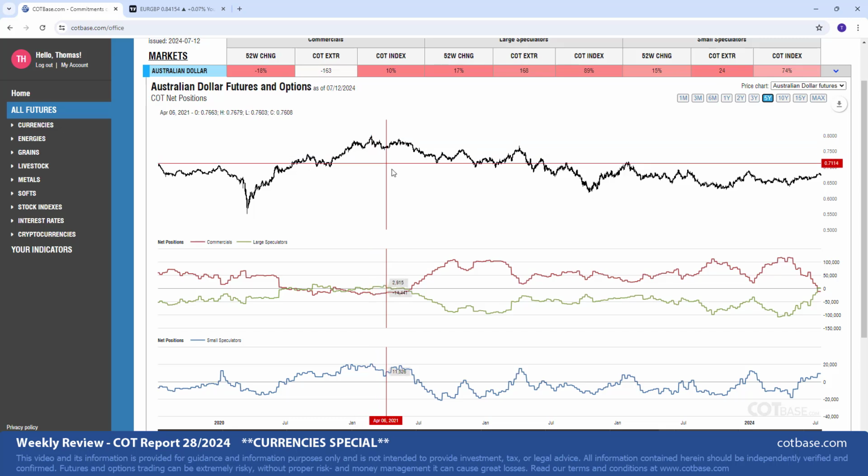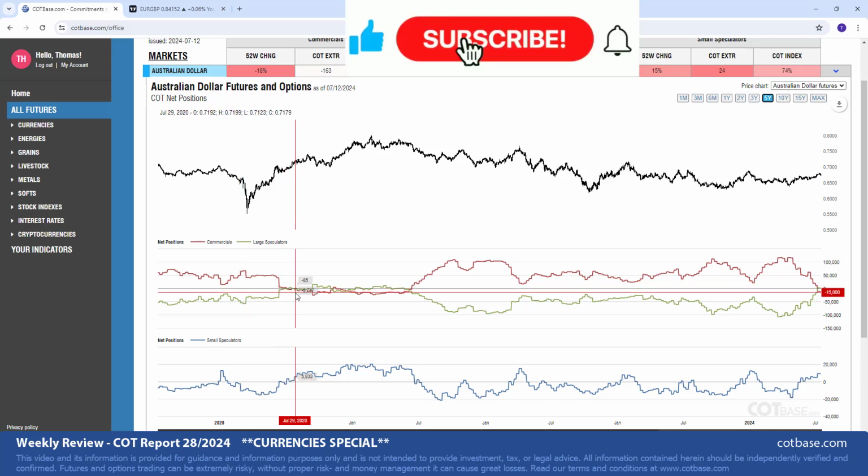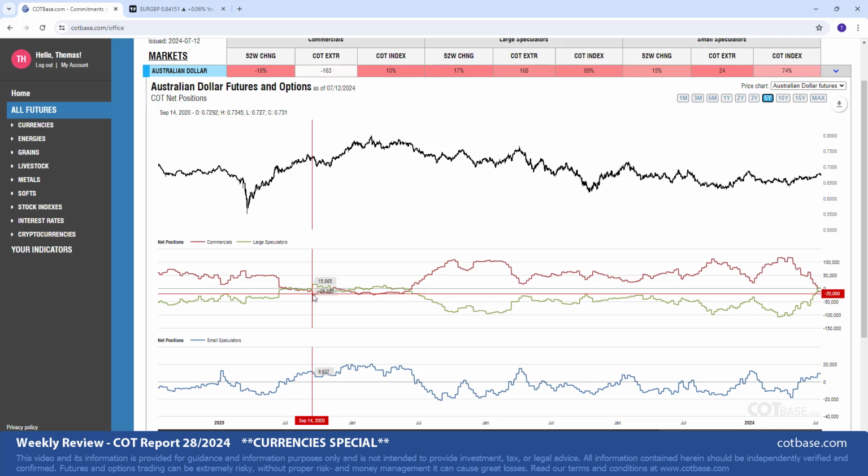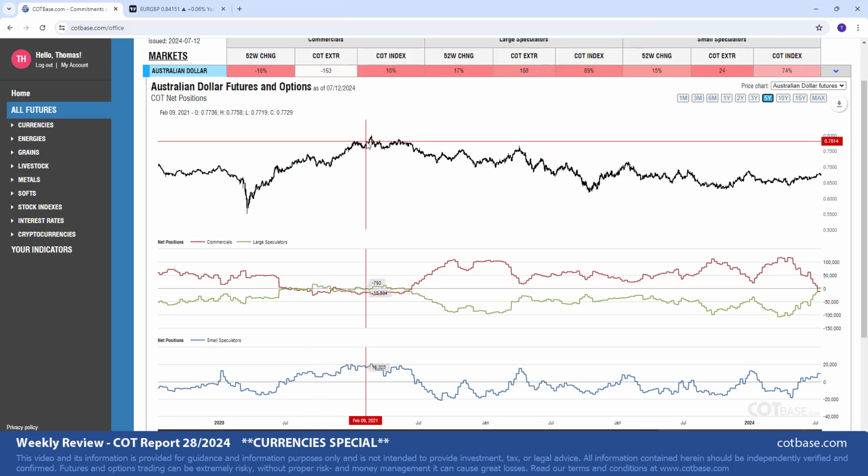We are once again seeing traders moving in that direction. The only reason I'd be cautious on jumping into shorting the Australian dollar is that, as you can see back in 2020, if you were to go short, the Australian dollar actually moved higher from there.